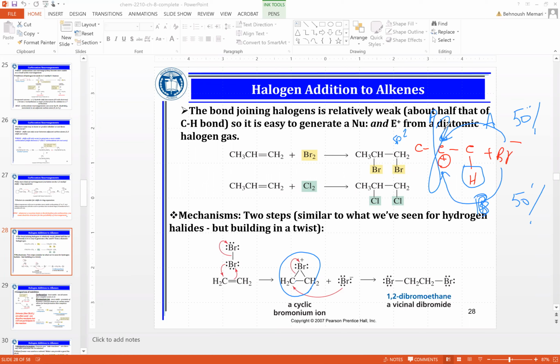But when it comes to the addition of Br2, now we see that it's going to be more specific. The second Br cannot come from the same side that the first Br came, so it must come from the other side, and we learn about the anti-addition in this slide. Is that for all halides, not just Br?